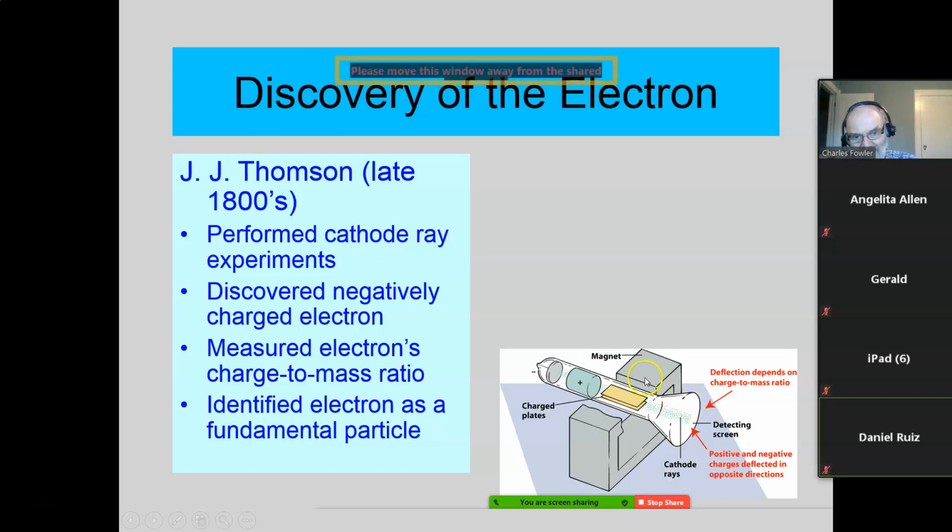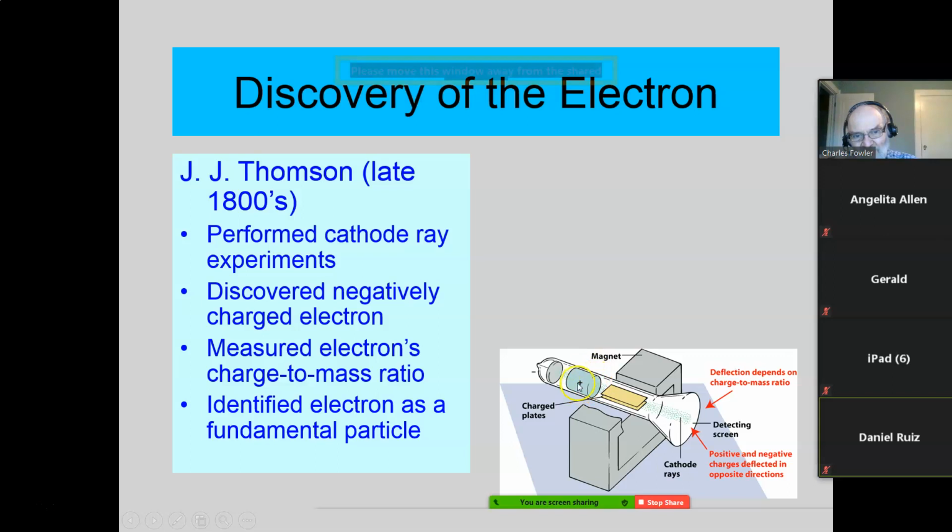But not only that, the magnetic field made them bend in one direction or the other too. We won't get into that part of it because that's a little complicated. Now I need to correct something here.